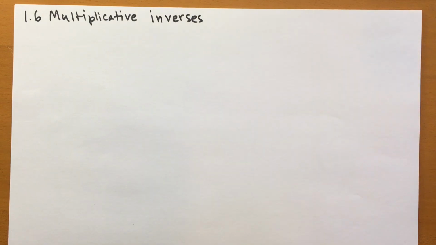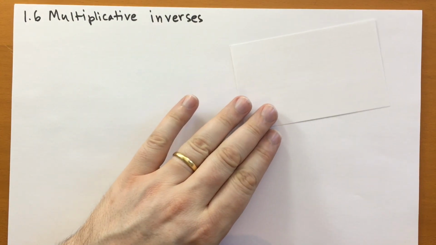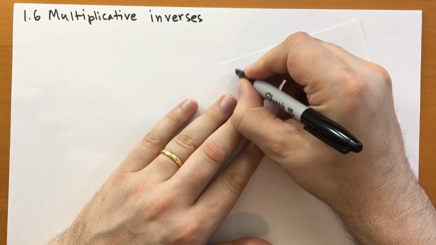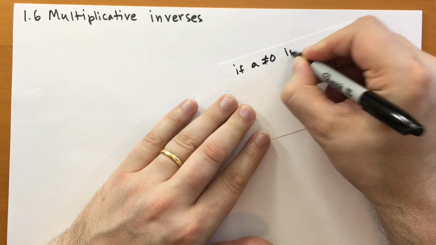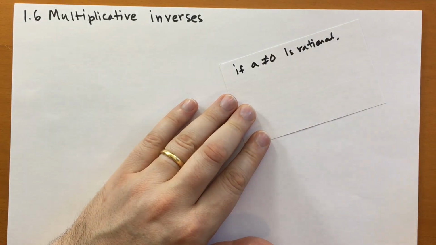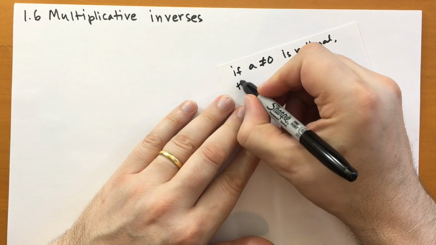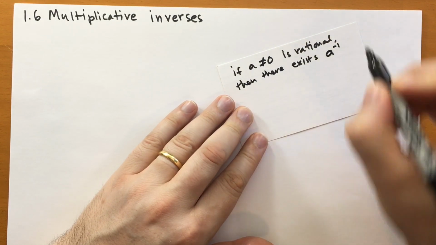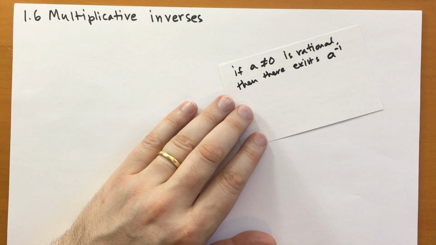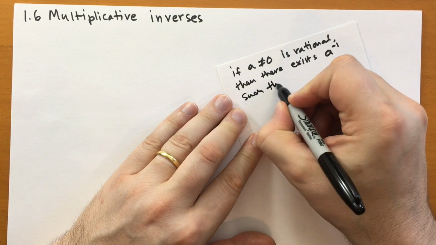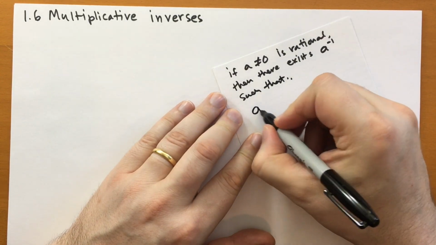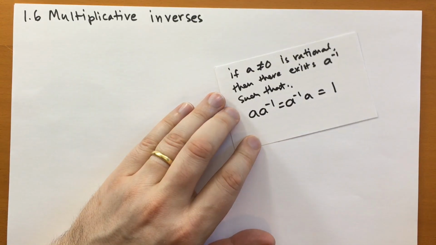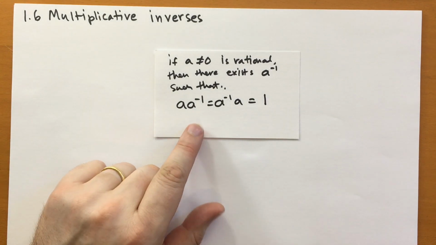He says rational numbers satisfy one property which is not satisfied by integers: for any rational number a, if a not equal to 0 is rational, then there exists a, and we write a to the minus 1, you'll see why later, such that a times a to the minus 1 is equal to a to the minus 1 times a, which is equal to 1. All right? So this is the multiplicative inverse.